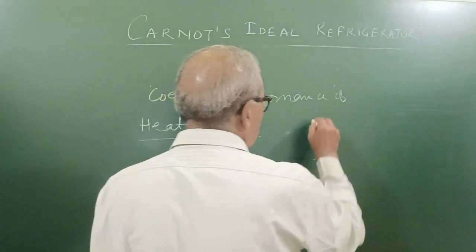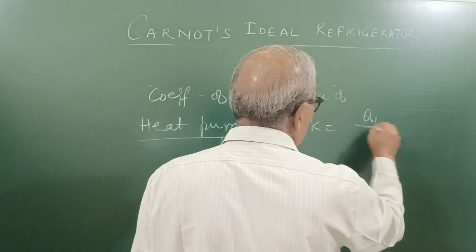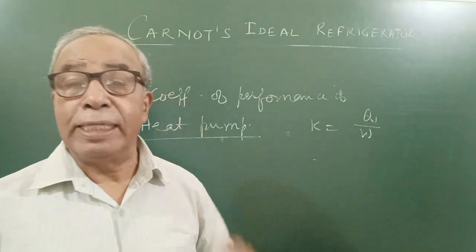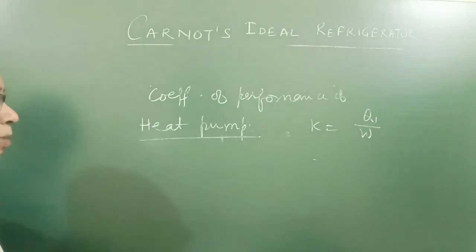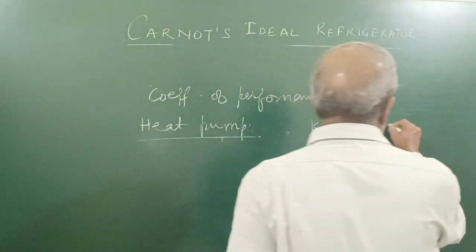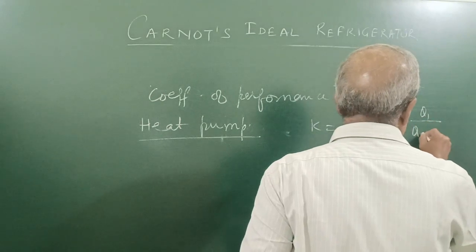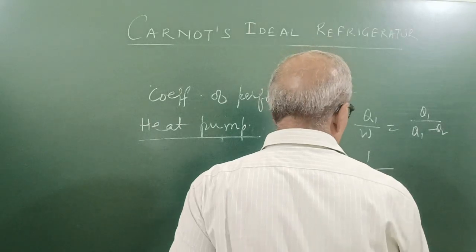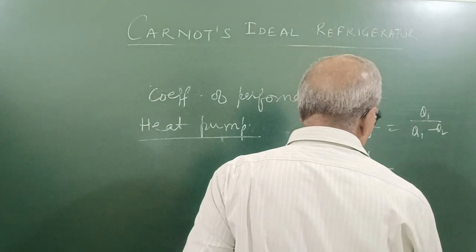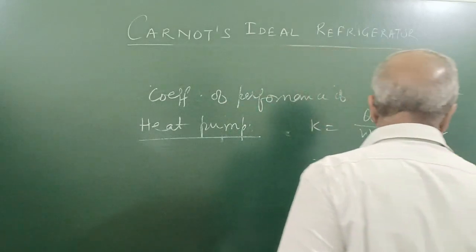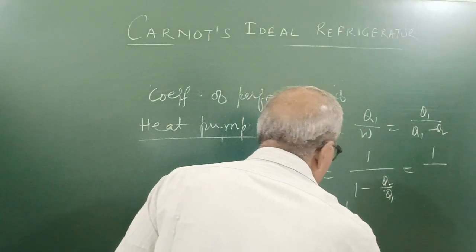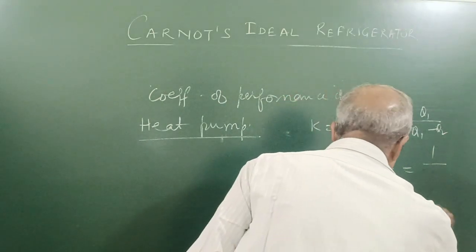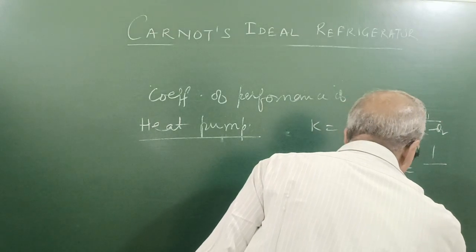K is equal to Q1 upon W: the heat rejected to the hot body per unit work done on the heat pump is called its coefficient of performance. It is again Q1 upon (Q1 minus Q2), or 1 upon (1 minus Q2 upon Q1), which is equal to 1 upon (1 minus T2 upon T1), which is equal to T1 upon (T1 minus T2).